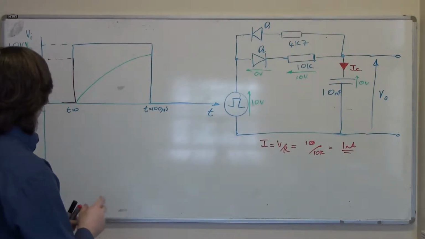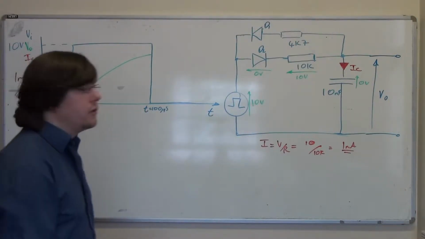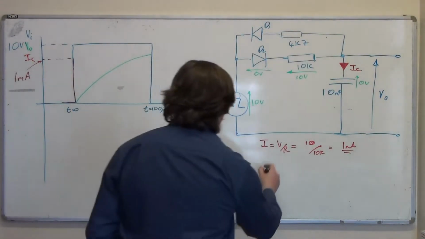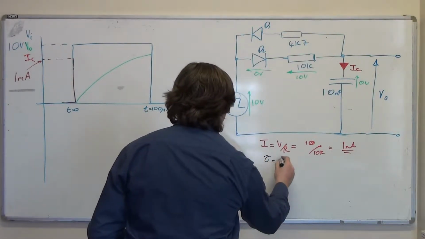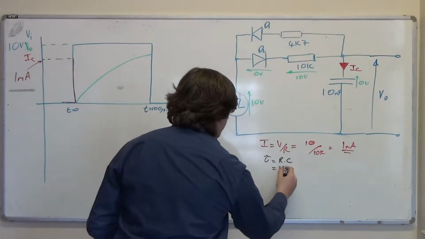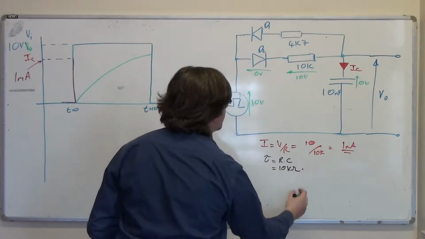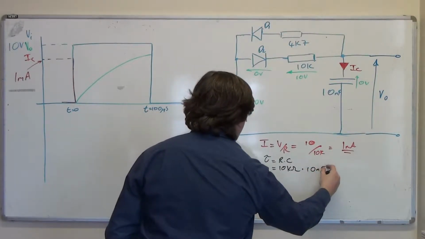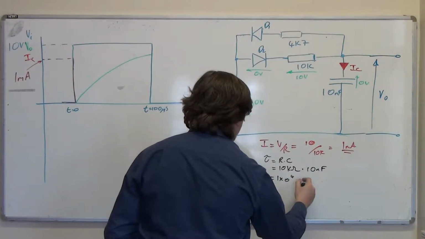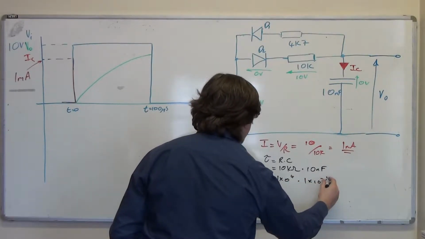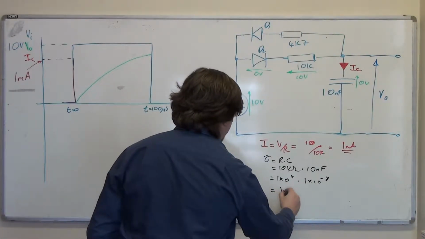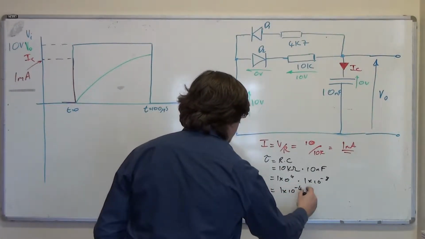And we can say, well, what's the time constant? Well, the time constant for this one is going to be tau is equal to RC, which is 10 kiloohms times 10 nanofarads, which is 1 times 10 raised to the 4 times 1 times 10 raised to the minus 8. So that leaves us with 4 and 8, so this is 1 times 10 to the minus 4 seconds.